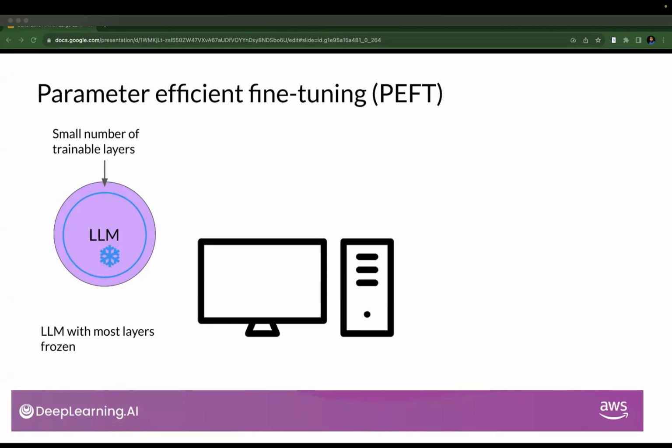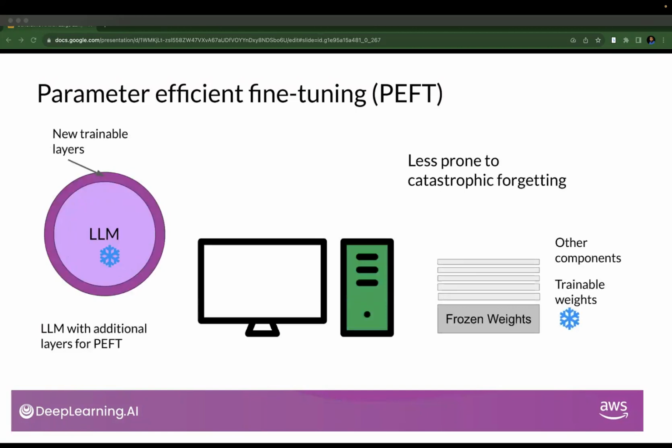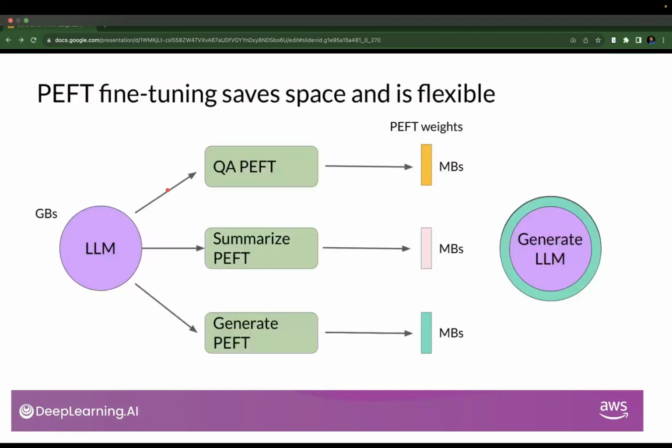So one approach in PEFT is we update a small number of layers of the actual pre-trained LLM. The other approach is to add a new layer on top of the existing LLM, and you train only that thin new layer which is added on top.